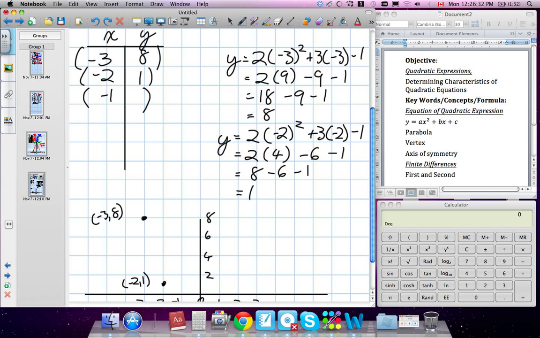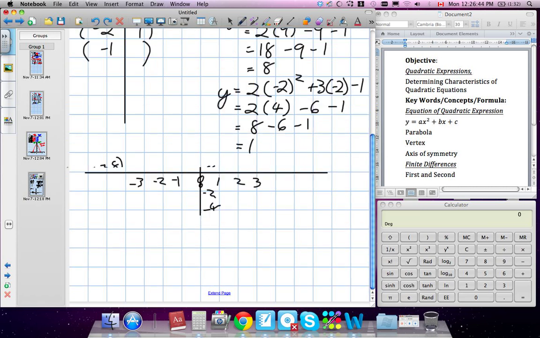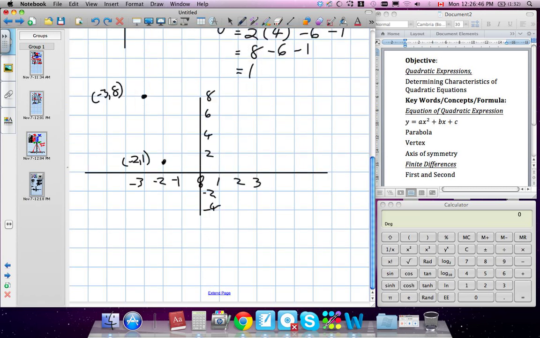2 minus 3 minus 1. Is that going to be negative 2? We better figure it out, just so we don't show you guys wrong. Same equation, y equals 2x squared plus 3x minus 1. We're plugging negative 1 in. We get 2 times 1 minus 3 minus 1, which gives us 2 minus 3 minus 1.